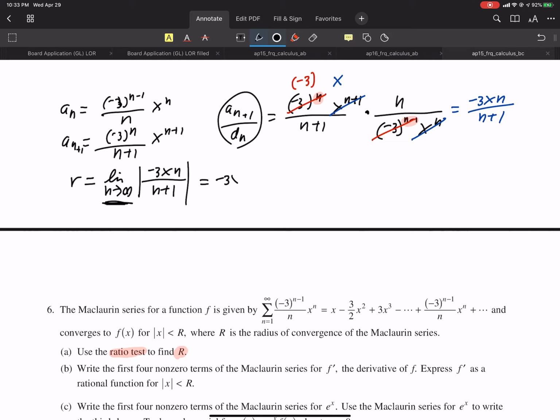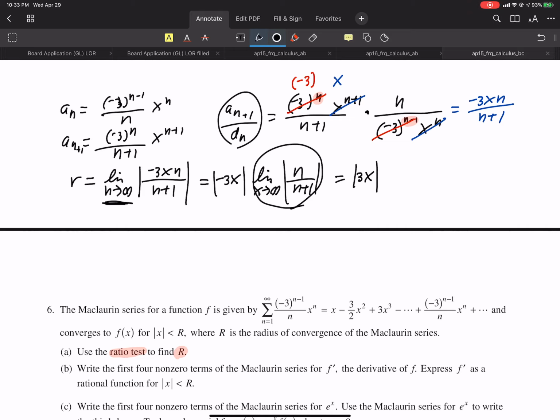So I can take the negative 3x out in front and take the limit of the remaining. But this is just 1. You can use L'Hopital's, you can divide everything by n, take the limit by whatever method you want. That's clearly 1. So the answer is 3x, absolute value.